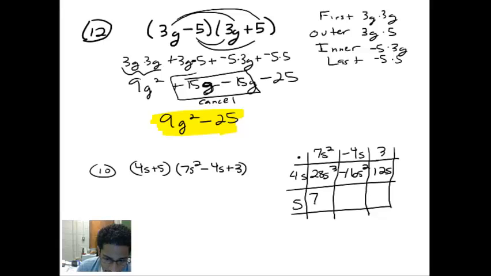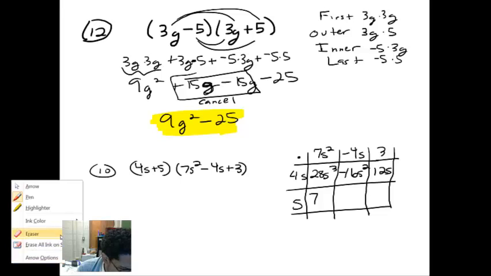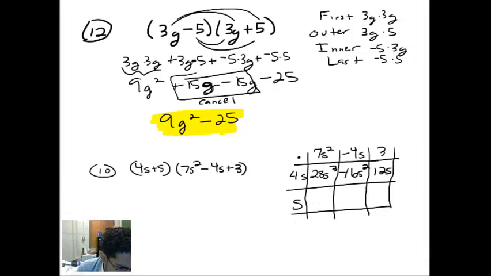Then we have a 5 times 7, sorry, that's a 35. This is a 5, so that's a 35 with the s squared. Then a 5 times a negative 4, that's a negative 20 with an s. And then 5 times 3, that's a 15.